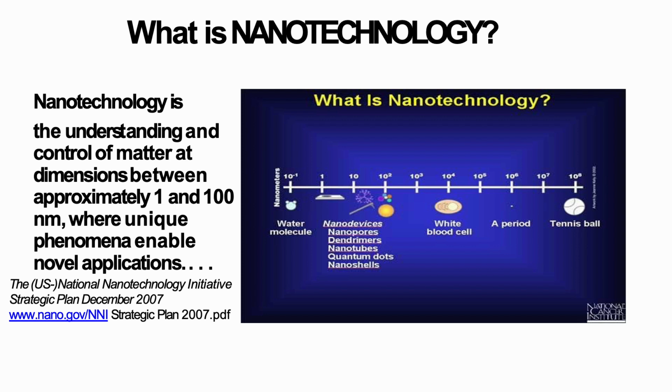On the right side of the slide, in a picture from the National Cancer Institute, you can see on the left side the nanometer scale, and for example the size of a water molecule is 10 to the power of minus 1, and then we have nano devices.